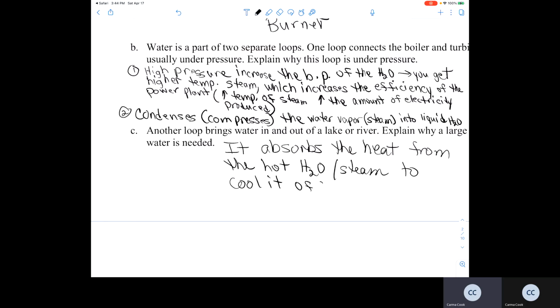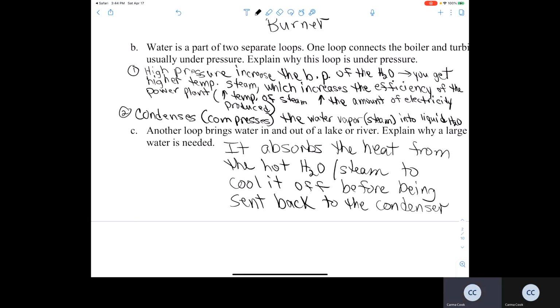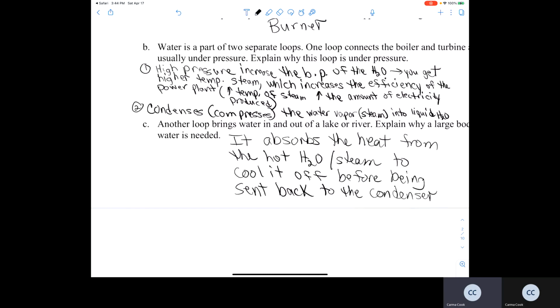So you want to cool it off before it's sent back to the condenser. You don't want to send hot water back to the condenser because then the steam would never get condensed. The water has to be cool in order to cause the steam to condense back to a liquid.